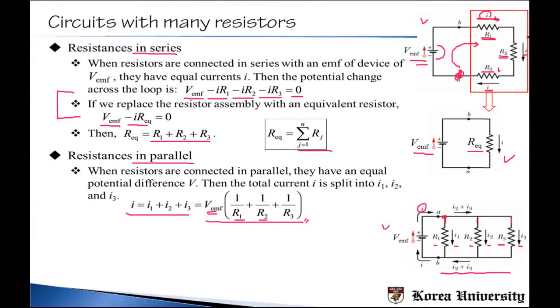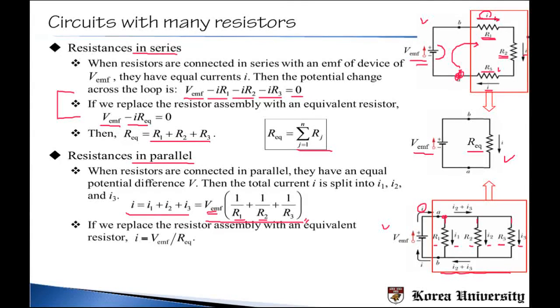And here again, the same way. Now we want to think about the equivalent resistor for these 3 resistors connected in parallel. Since for the equivalent resistor we have only one, we can actually use the same figure as above. So let's go back to the figure we had, and here we already know that the amount of current is again equal to VEMF divided by Req.